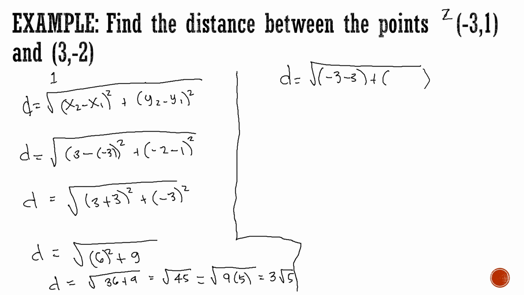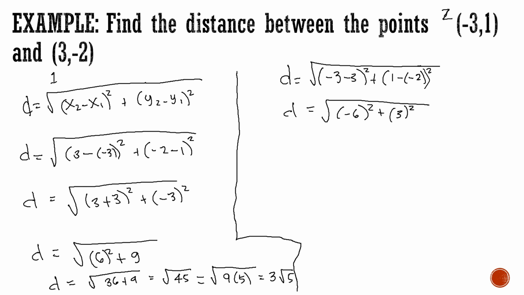Tapos plus 1, okay, minus negative 2 quantity squared. Ayan. So D will be equal to, this will be having squared, no? The square root of negative 6 quantity squared plus 1 plus 2 will be 3 quantity squared. Naging positive 2 po yun, negative times negative will be positive.